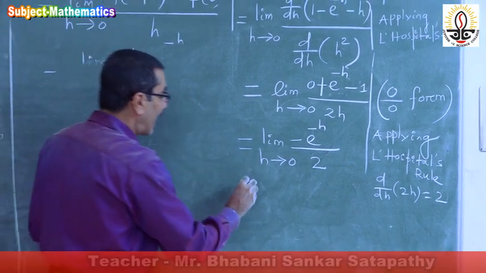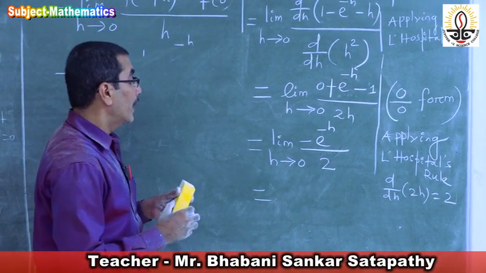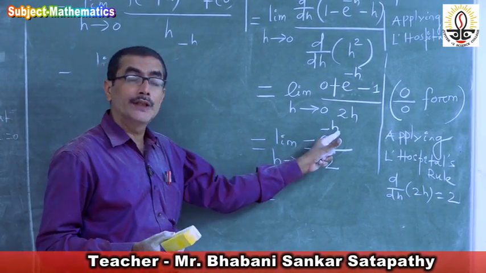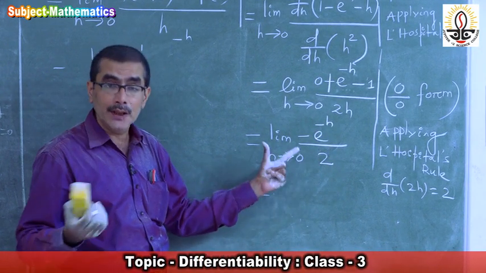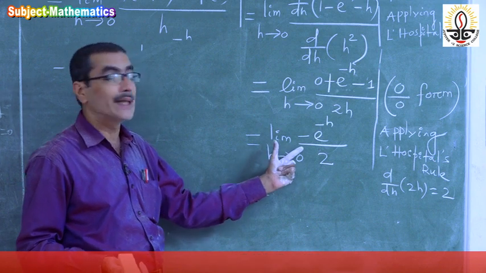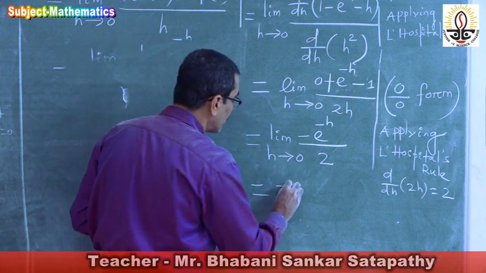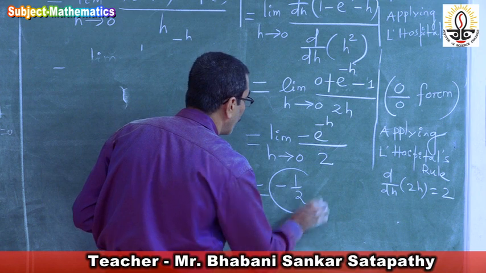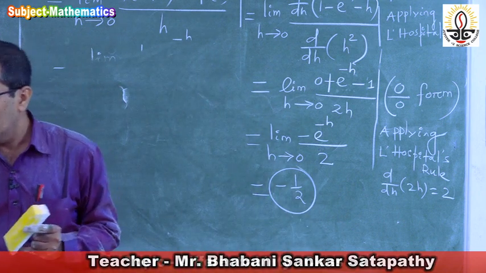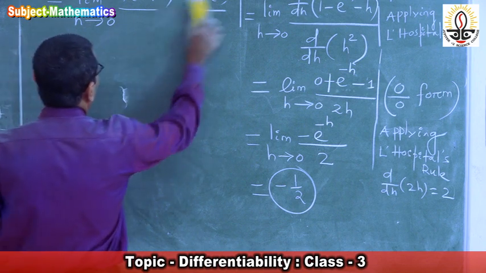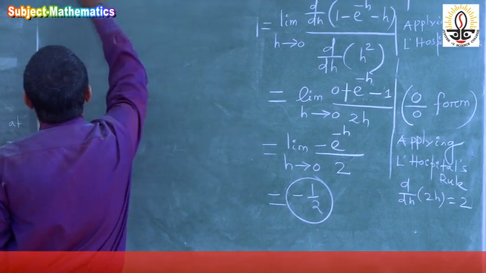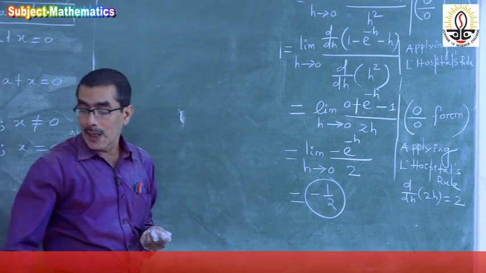Now if you substitute h equal to 0, this is a finite quantity, so by direct substitution we find this limit. This value becomes minus 1 by 2. So left hand derivative is minus 1 by 2, right hand derivative is minus 1 by 2.